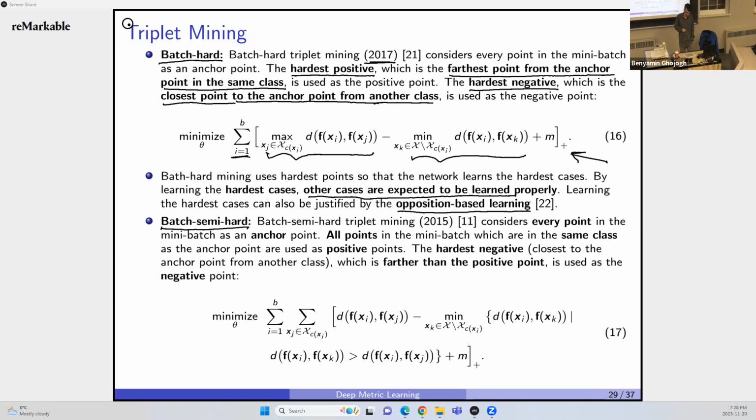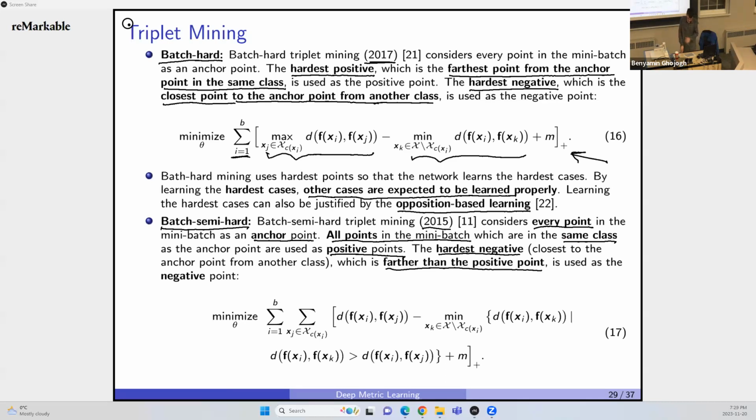So batch semi-hard, what is that? It was proposed in 2015. It says consider every point in the mini-batch as an anchor point again, and all points in the mini-batch which are in the same class, let them be positive. So far it is similar to batch all, but for negative, take the hardest negative, which is the closest to the anchor, but there is a but: it must be farther than the positive point.